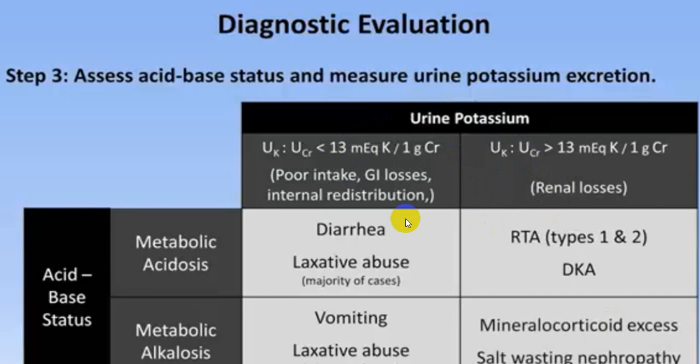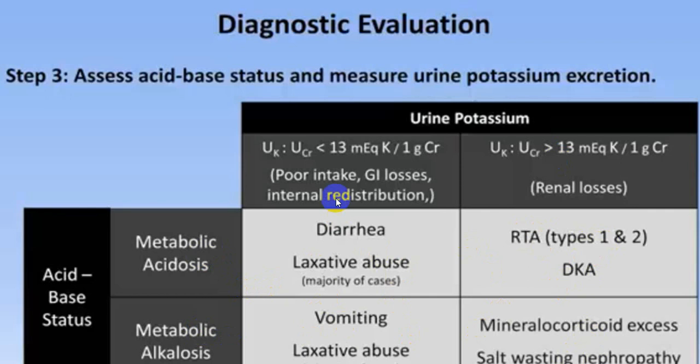So we try to rule out, so if there is a high urinary loss and if there is a metabolic acidosis, always look for renal tubular acidosis type 1 and type 2 and diabetic ketoacidosis. And if there is an alkalosis, look for mineralocorticoid excess and salt wasting nephropathy.